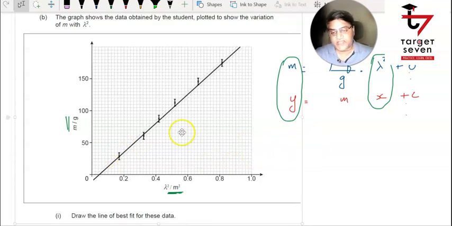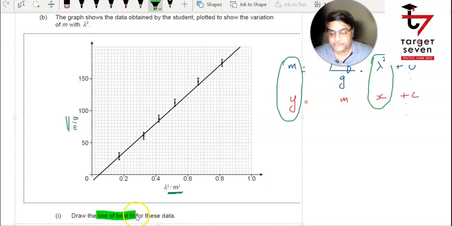Once I do that, I then check if this particular line of best fit is passing through all the error bars or not. If not through all the data points, it should at least pass through each and every error bar. And I noticed that this particular line of best fit is actually passing through each and every error bar.